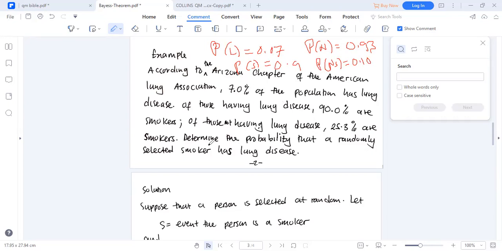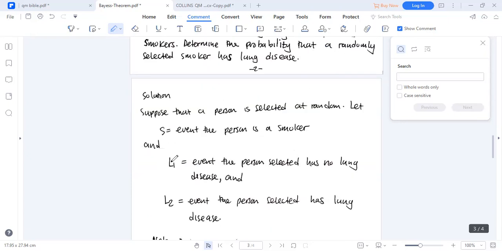So we're told to determine the probability that a randomly selected smoker has a lung disease. So this is a very easy question that requires you to think and digest what is happening. You need to take note of words like if, of, given that, because this is where you're able to know you have conditional probability.